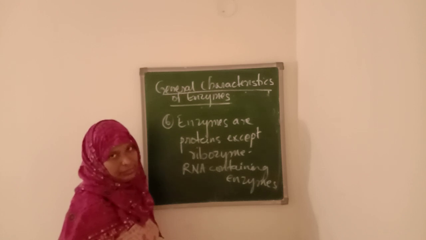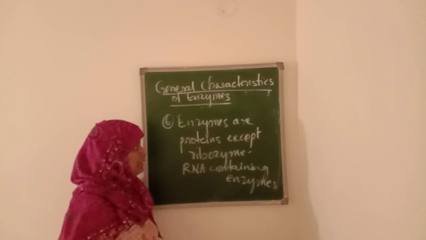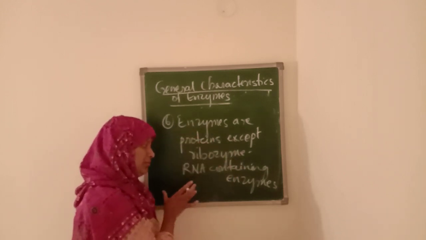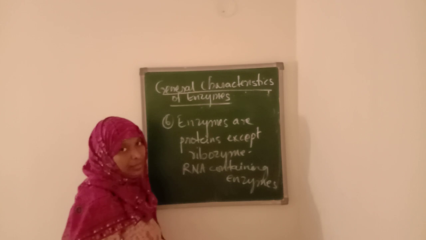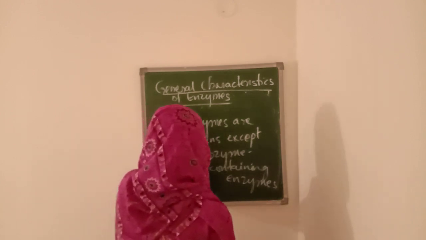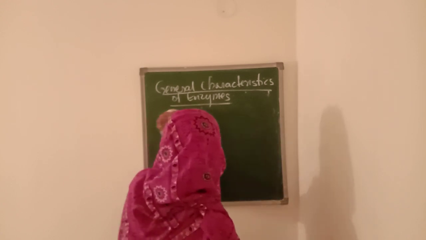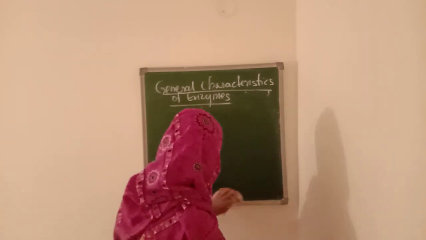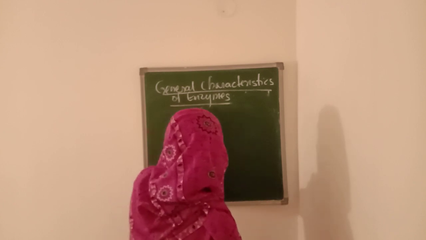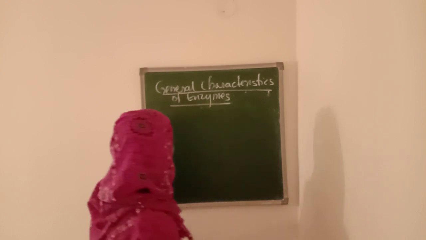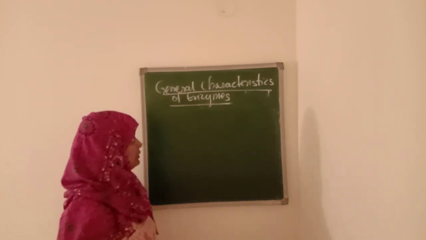Another important general characteristic of enzymes is that, except the ribozyme, almost all the enzymes are proteins. Ribozymes are nothing but the group of enzymes which contain RNA as the functional group. Only 4 or 5 enzymes are there where the RNA is used as an enzyme. These are the general characteristics of enzyme.